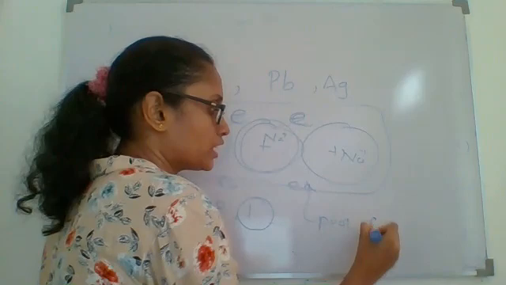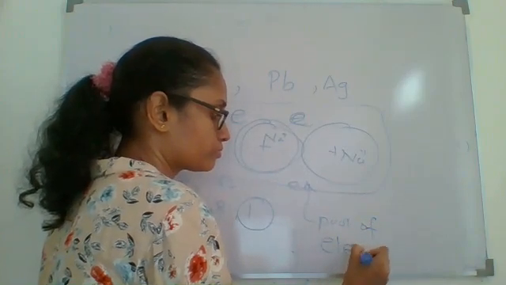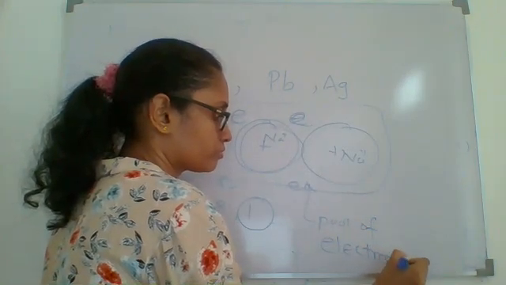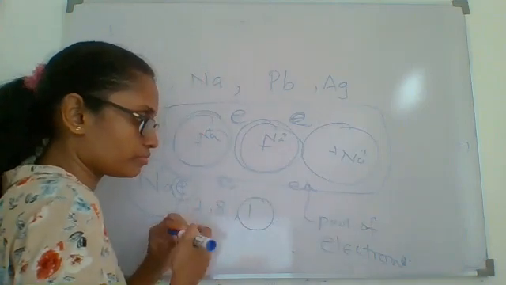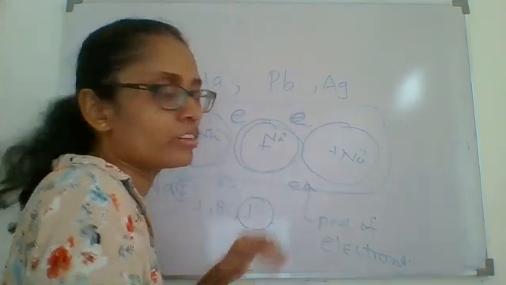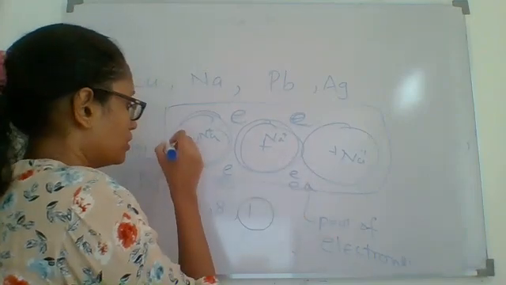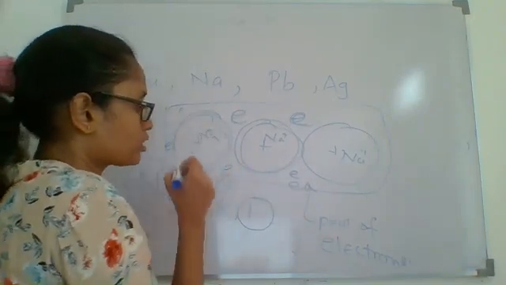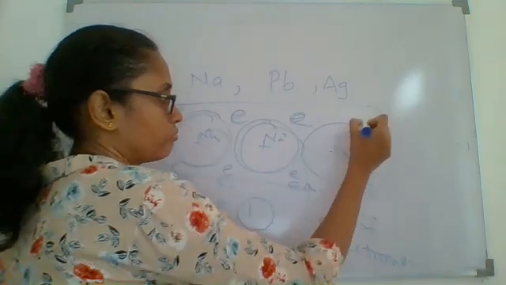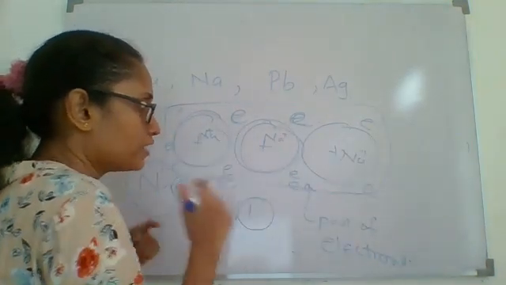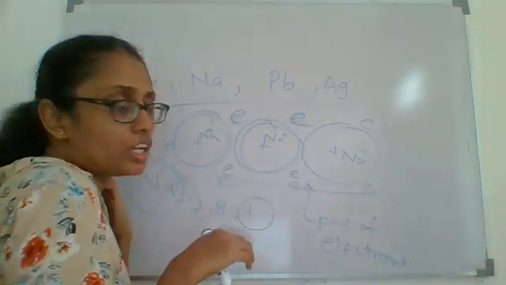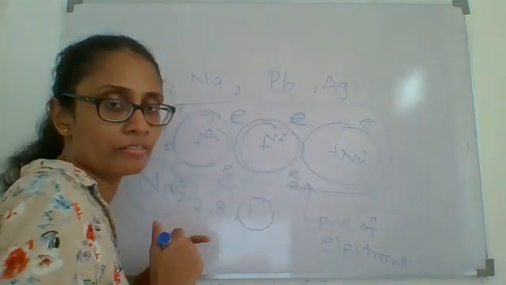A pool of electrons. Right? So the electrons make the pool, and inside that the ions are there.